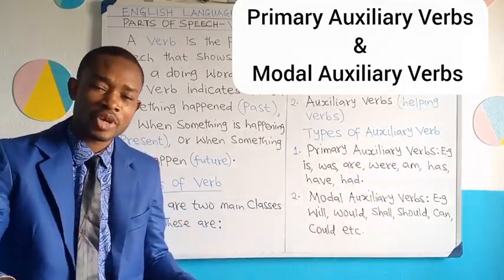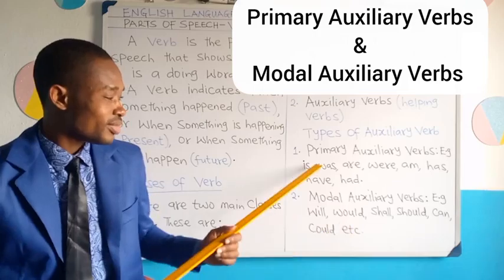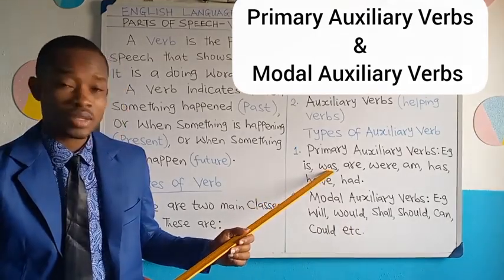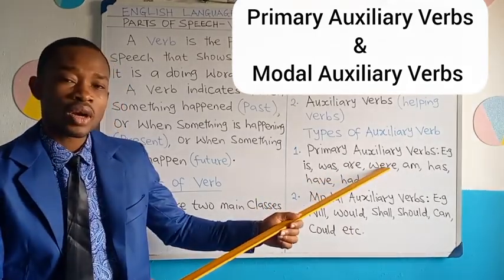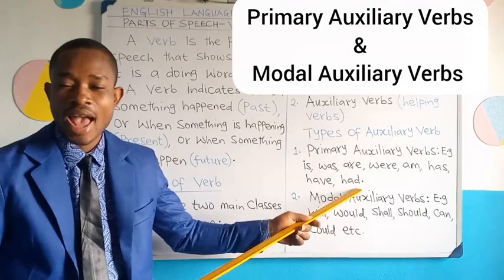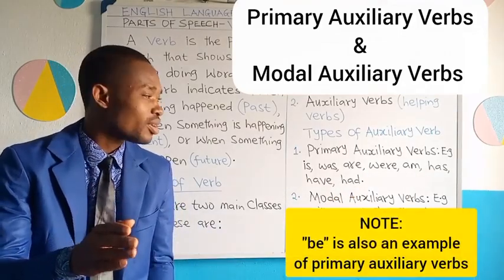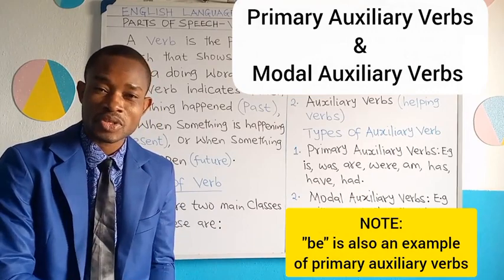Examples of these verbs are is, was, are, were, am, has, have, had. These are examples of primary auxiliary verbs.